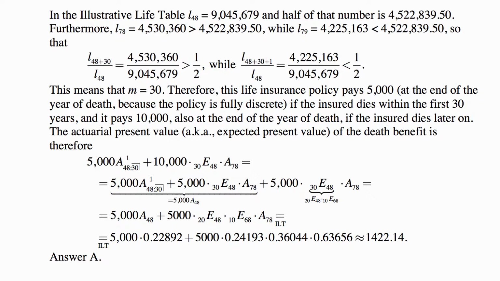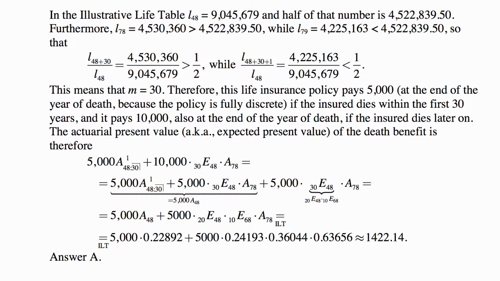So we have L48 plus 30 over L48 is greater than 1/2, while L48 plus 30 plus 1 over L48 is less than 1/2. So that means that m is 30, the median we're looking for.